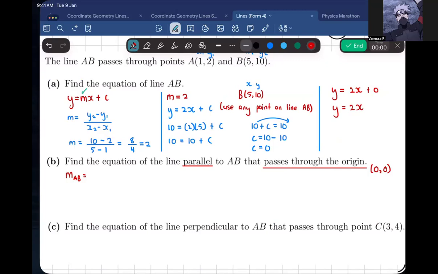No, I'm just looking. 2? Yeah. So m of AB is 2. So the gradient of this line is just 2 as well. Do you understand that? Yeah. So, Sienna, can you explain to me why we're saying the gradient of the new line is also 2?